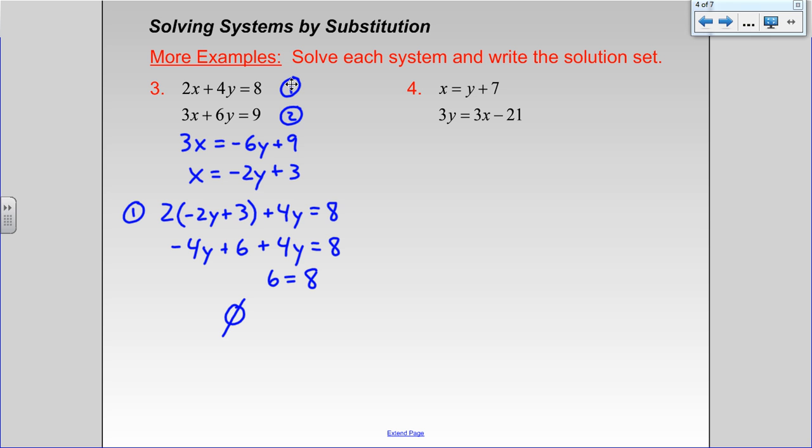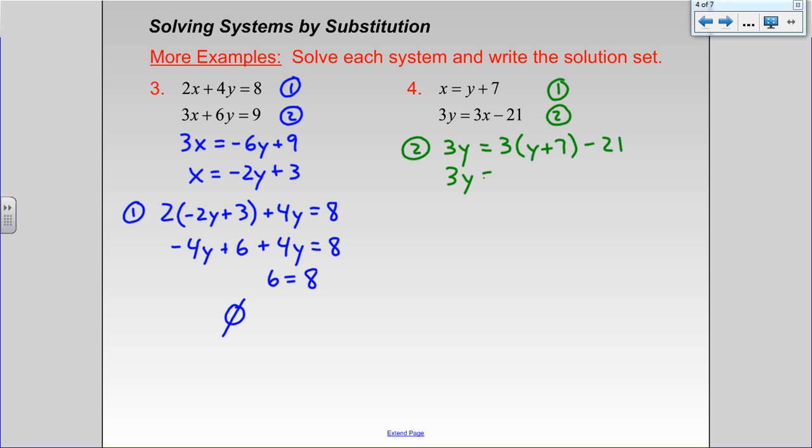Finally, example 4, equation 1 is x equals y plus 7. Equation 2 is 3y equals 3x minus 21. Since x is isolated in equation 1, we will substitute into equation 2 to obtain 3y equals 3 times the quantity y plus 7 minus 21.